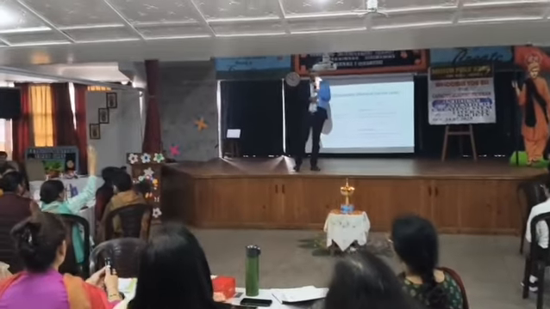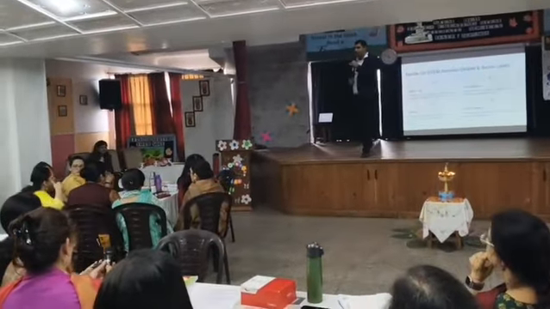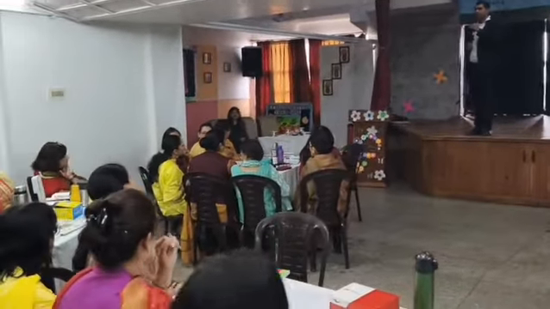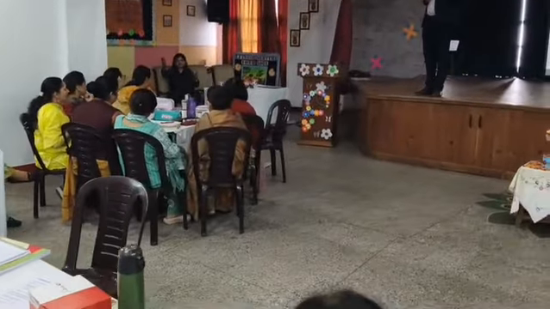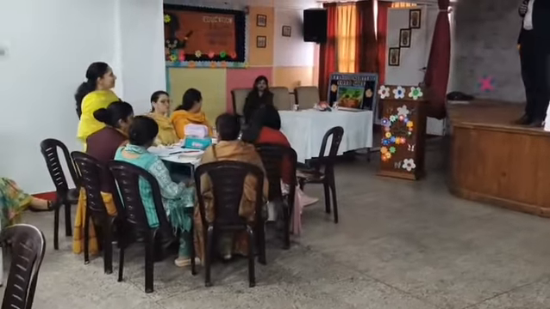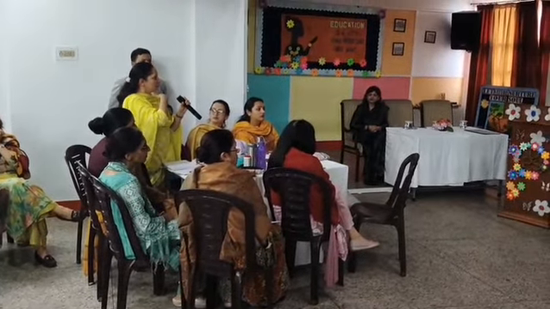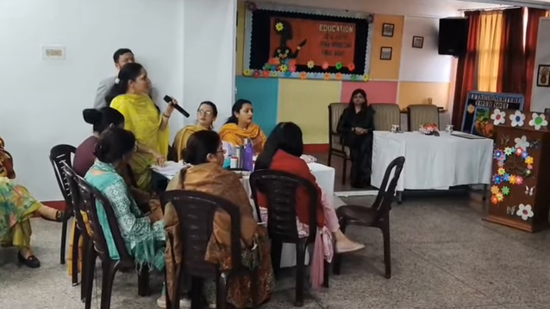Please, round of applause. We also used to make working models on various life processes. For example, the circulatory system: with the help of a syringe, blood pressure can be maintained, using blue colored ink and red colored ink to show the deoxygenated and oxygenated blood. Excretory system is also there.